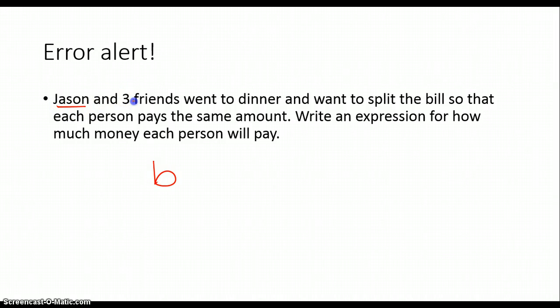Jason and 3 friends. So altogether, there were 4 friends who went to dinner. So we would take the bill divided by 4. Or you can write it like this as well. That will tell you how much each person will pay.